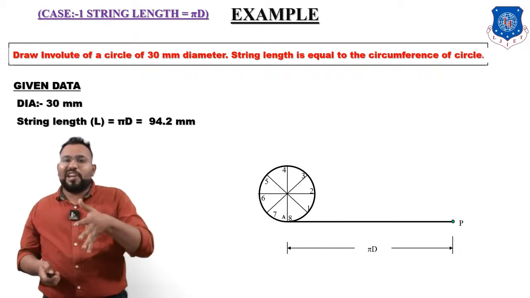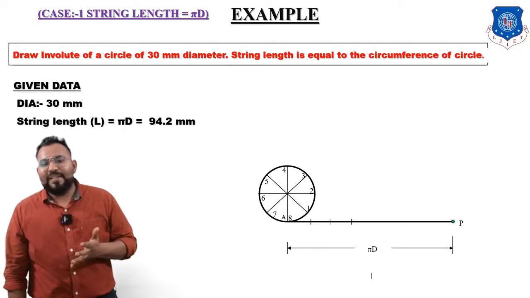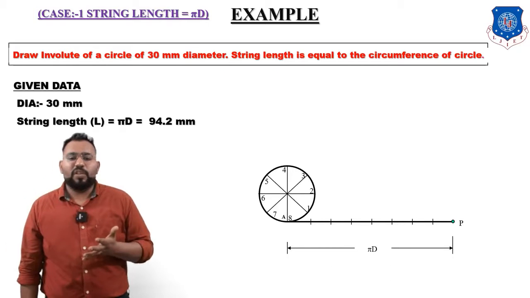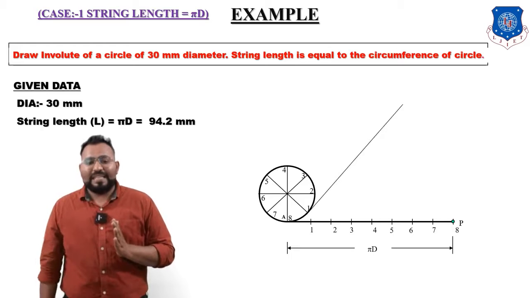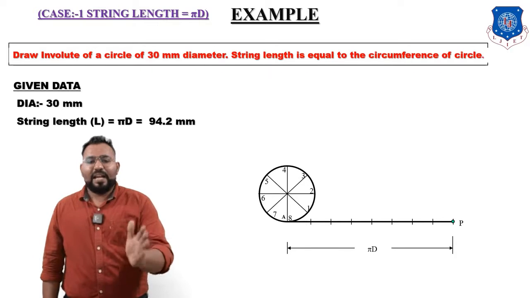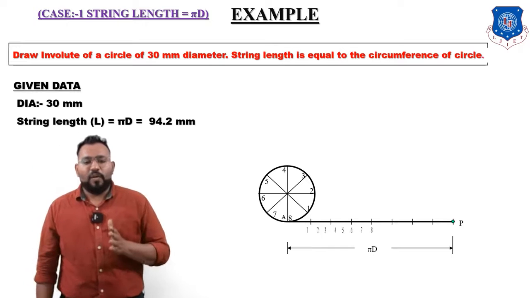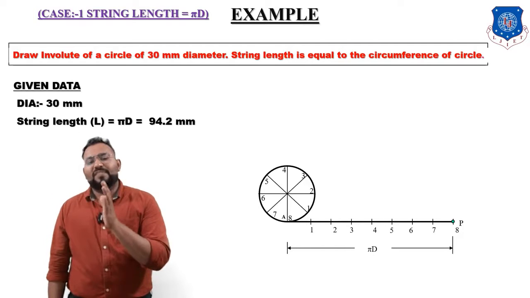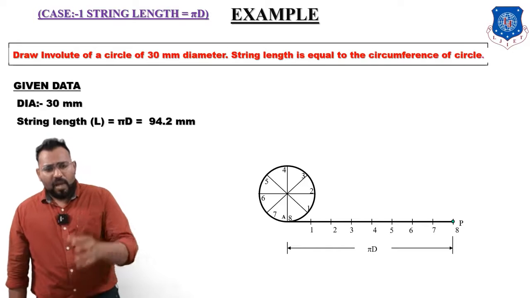So let us divide string AP into 8 number of equal parts. And now we are going to give names 1, 2, 3, 4, 5, 6, 7 and 8. So here you can see that I have divided the string AP into 8 equal parts and given the numbering 1, 2, 3, 4, 5, 6, 7 and 8. So we have done up to this point.